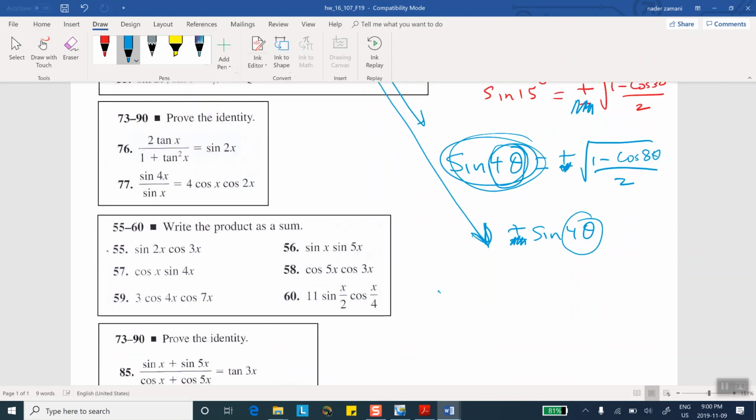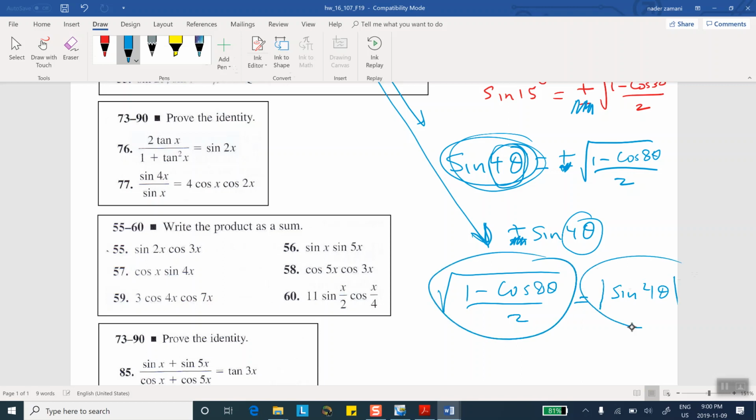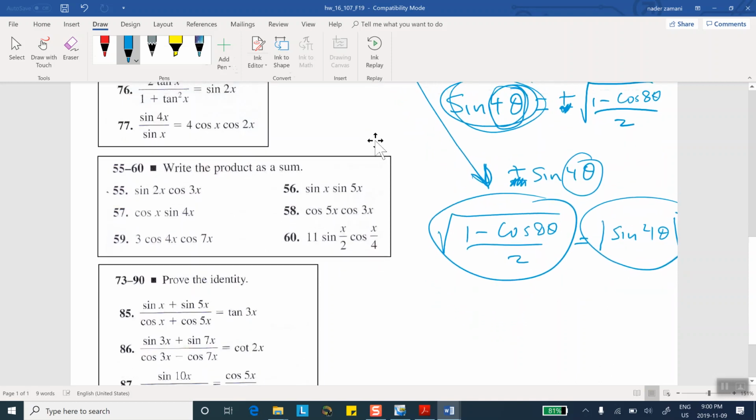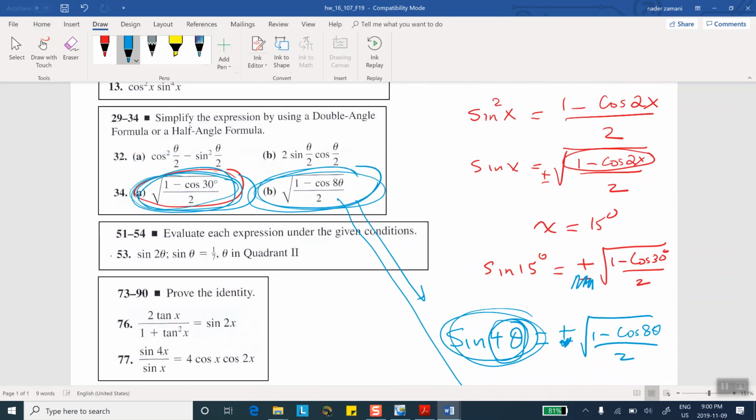The answer to this, 1 minus cos 8 theta over 2, is absolute value of sine of 4 theta. Because this is positive, that is always positive, irrespective of what theta is. I didn't need the absolute value here because the absolute value of sine of 15 is in fact positive. So that takes care of 32 and 34.